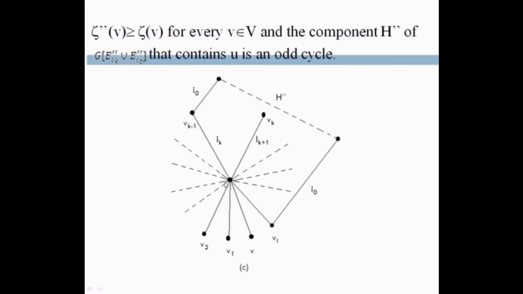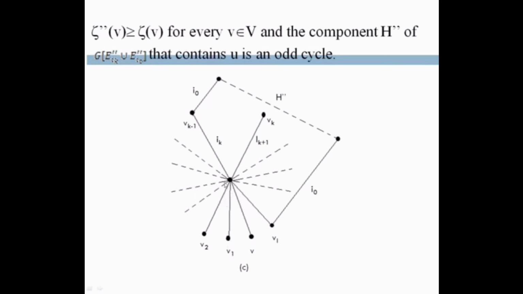Script C double dash is equal to E1 double dash, E2 double dash, etc. to E(Δ+1) double dash, as in graph C. Script C double dash is greater than or equal to script C of v for every vertex v belonging to V, and the component H double dash of G of E(ik) double dash union E(i0) double dash that contains U is an odd cycle.